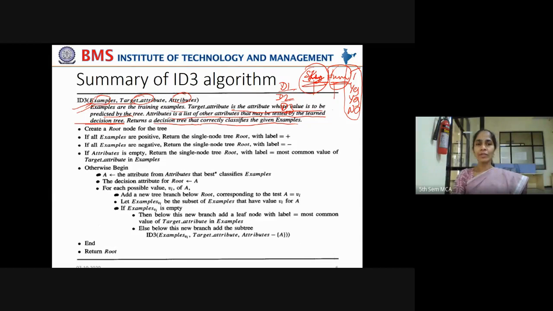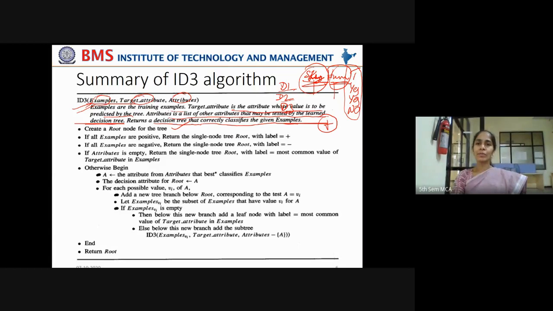Now, how to start? Initially, create a root node for the tree. At this root node, what has to be done? If all examples are positive, you need not classify anything, because all belong to the same class. Return the single node tree root with label plus.